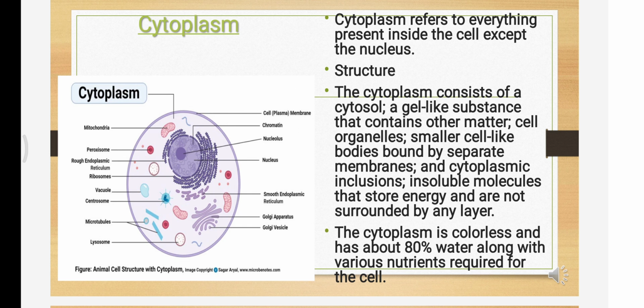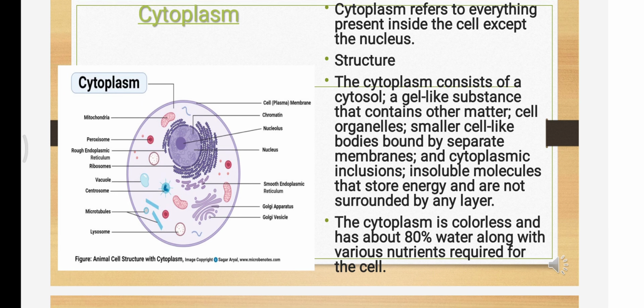The cytoplasm is colorless and has about 80% water along with various nutrients required for the cell.